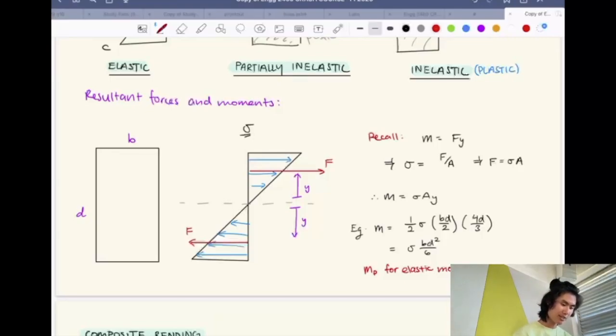These two forces are on the neutral axis. So this is the neutral axis. You can take this entire area, this is going to be the stress. Take the entire area of the triangle and take a moment around the neutral axis. What do you guys think is happening?